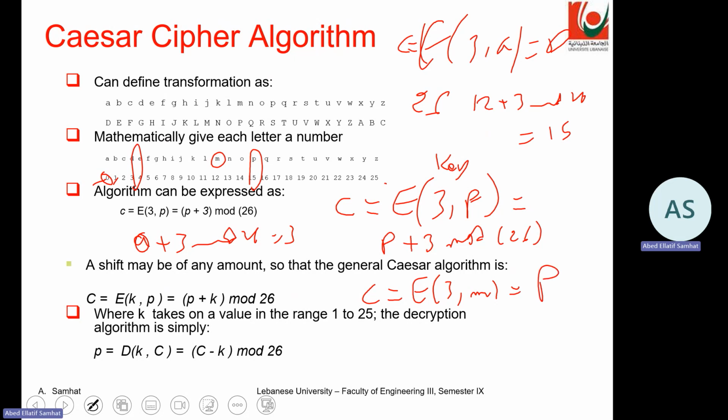So it's possible to encrypt like this. In order to decrypt, we say that 3 is the key. The receiver should be aware that the secret key is 3.